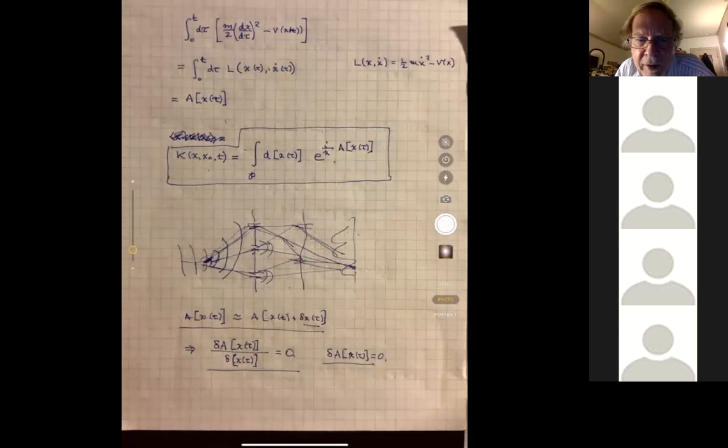Hamilton's principle in classical mechanics was known 100 years before quantum mechanics. Hamilton, Jacobi, Maupertuis had some idea of it. Lagrange knew about it. They all knew about it in one form or another, and they used it very effectively for problems in classical mechanics.